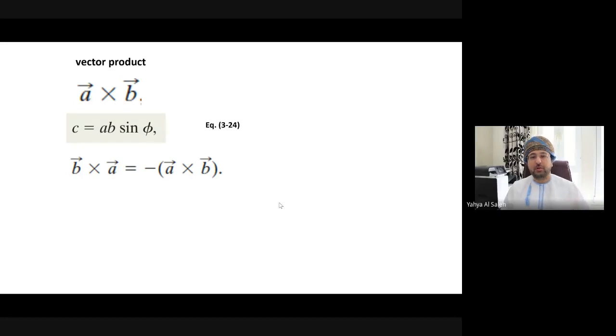So to summarize, A cross B, the resultant is vector C with magnitude AB sine theta and direction given by the right-hand rule. If you decide to do it the other way around, B cross A, then your result will be negative.